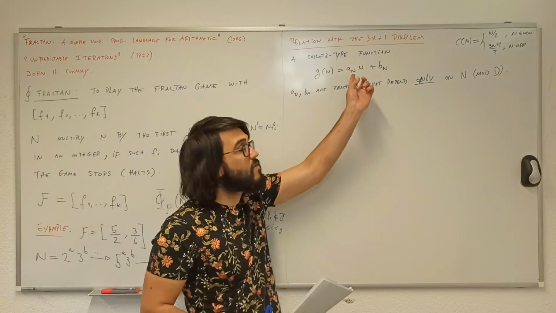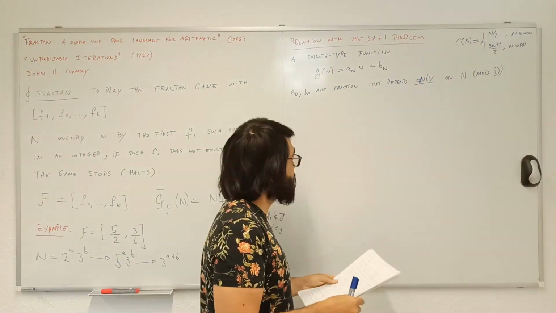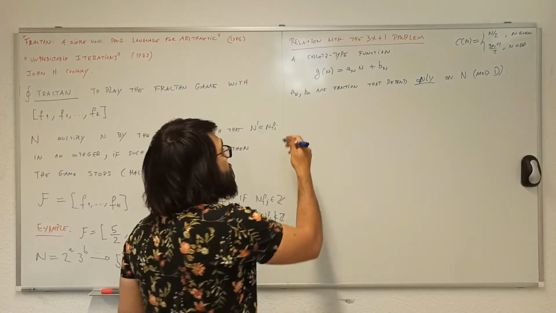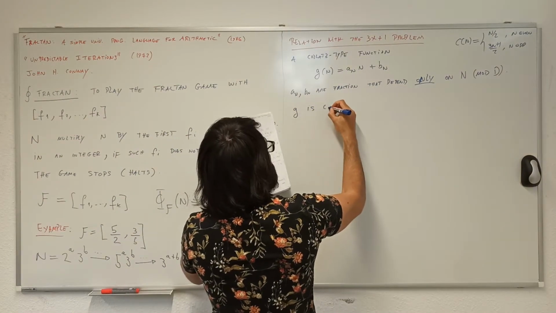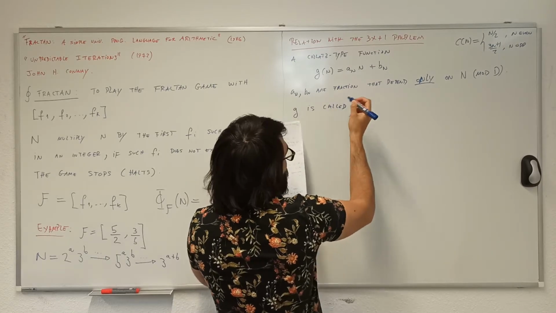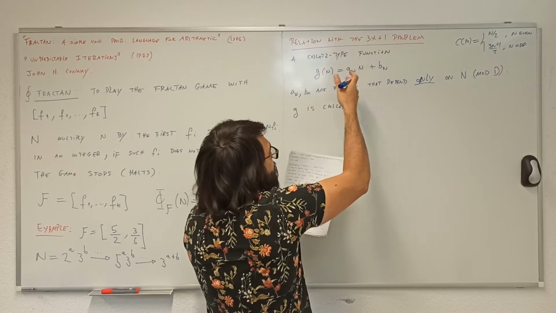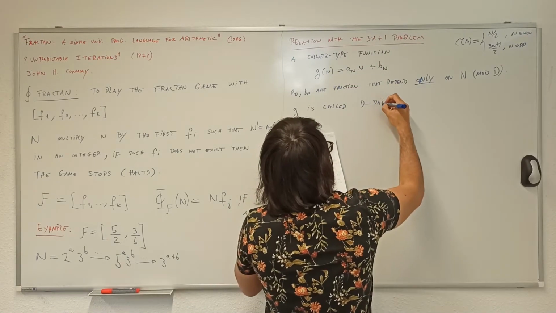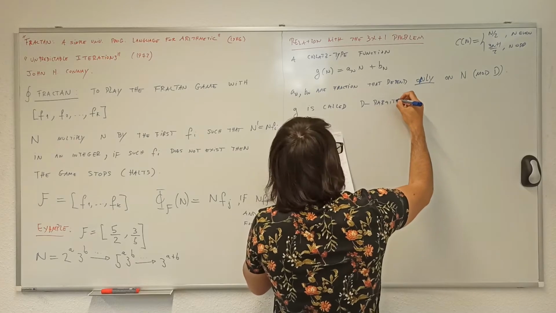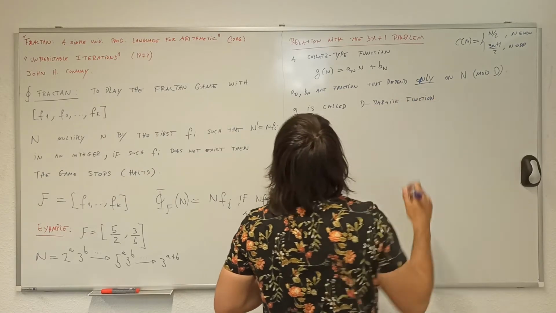So they are indeed periodic functions of n. If you want to look for more examples of these functions and the theory behind them, g is what's called a d-periodic function.